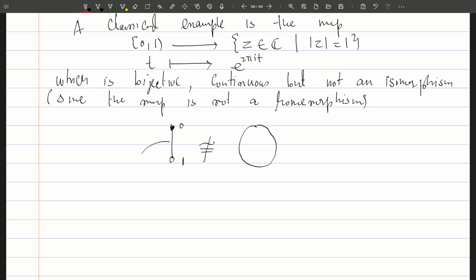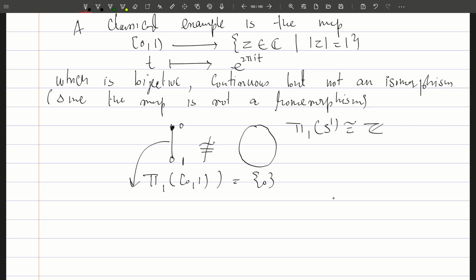because if we look at this set over here, its first fundamental group is trivial, it is 0. And if I look at the fundamental group of the circle, it is isomorphic to the group of integers. If two topological spaces are homeomorphic, then their fundamental groups are necessarily isomorphic.